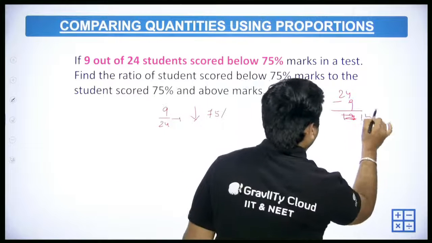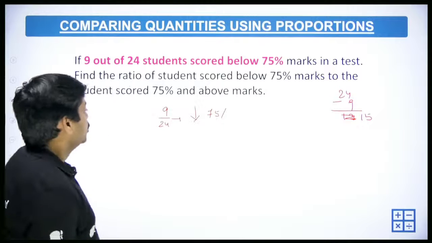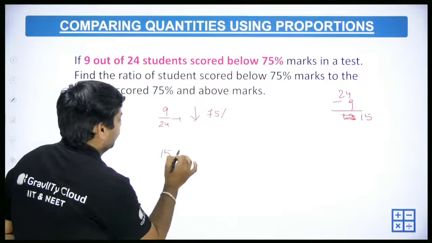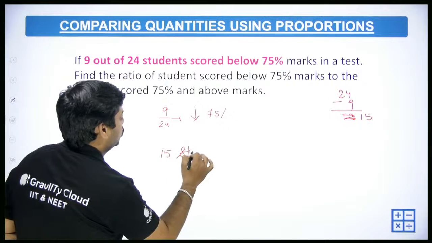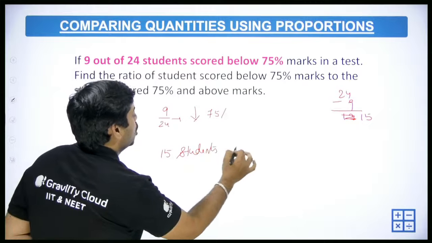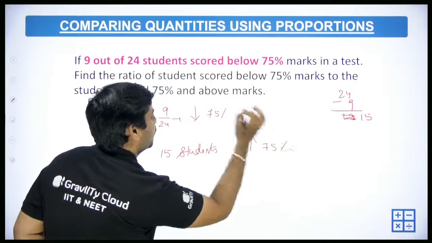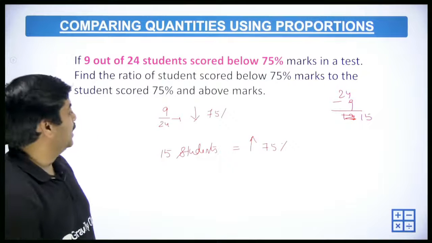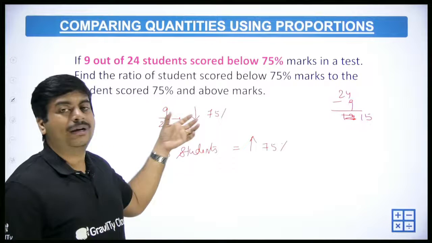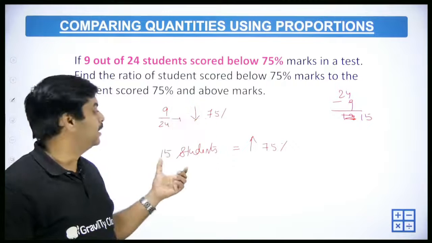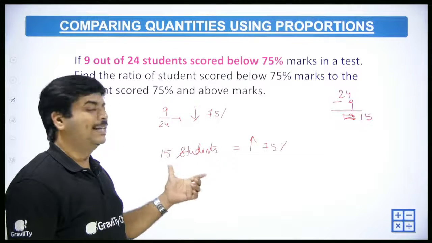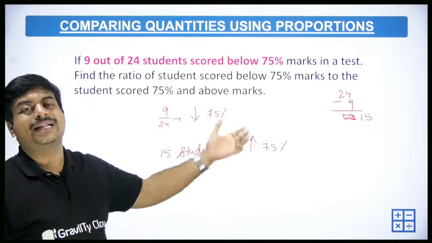It should be 15. So we have 15 students who scored equal to or greater than 75%. Here 9 by 24 is the people who got less than 75%, but there are 15 more students who got equal to or greater than 75%.